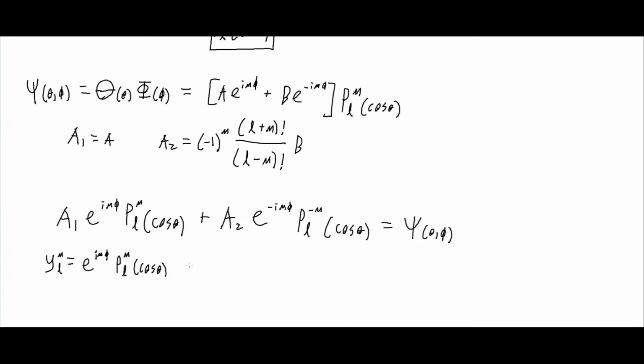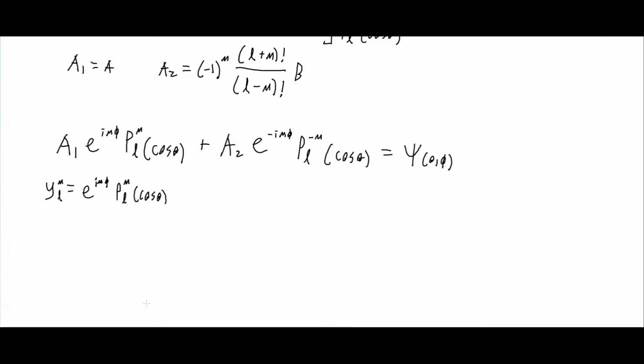And so we will see something like this, which turns this equation into something that looks more like a1 Y_L^m plus a2 Y_L^(-m) equals psi of theta and phi.